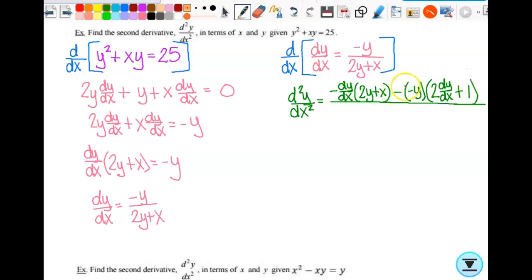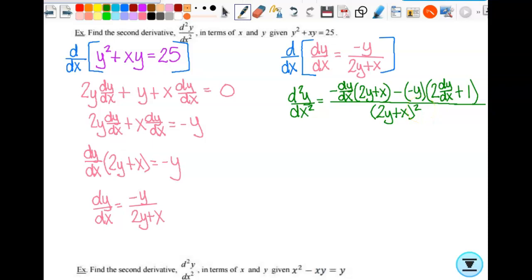And notice my signs here. It's minus, and then that's a negative y. This is being multiplied, and this is being multiplied. If this was more than one term, I'd have to make sure I have parentheses there. What goes in the denominator? Good. 2y plus x squared.